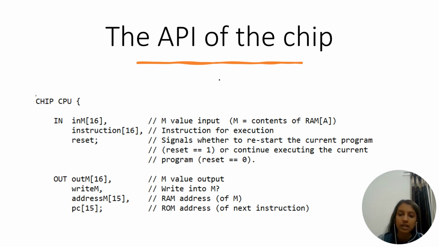AddressM is the location in the data memory where you can store the output of the ALU. Program counter is basically used to fetch the next instruction and it works on the current instruction. It can also jump according to the condition given in the program. Here it has multiple jump conditions too.